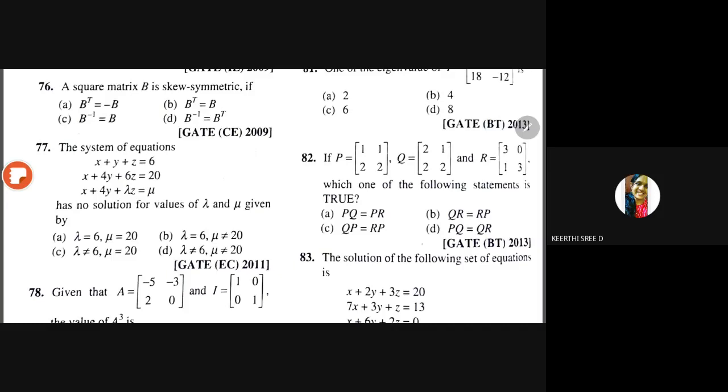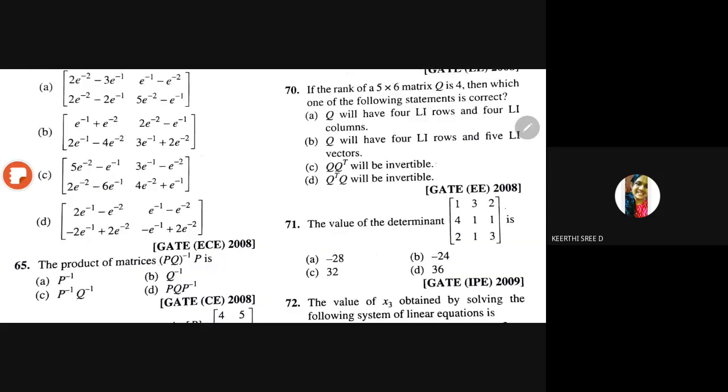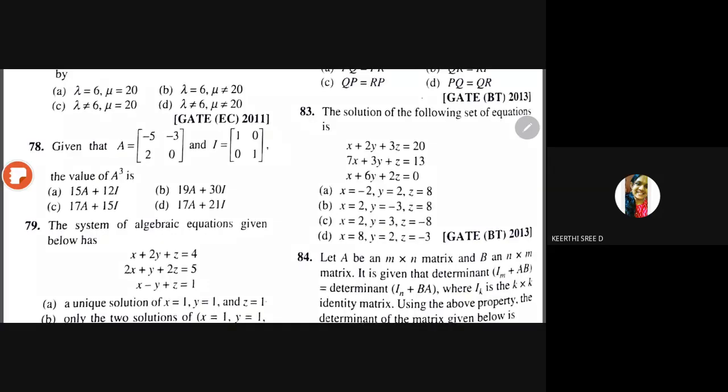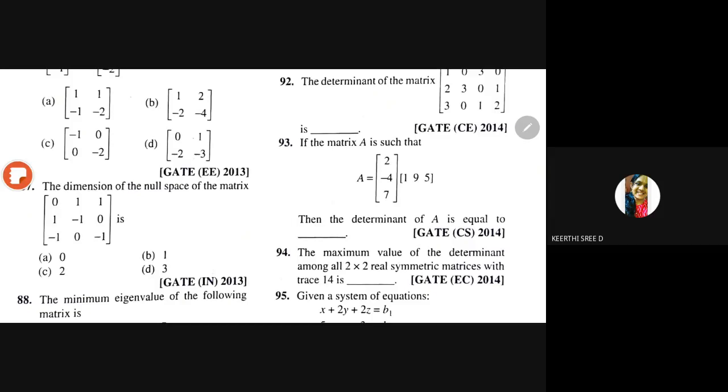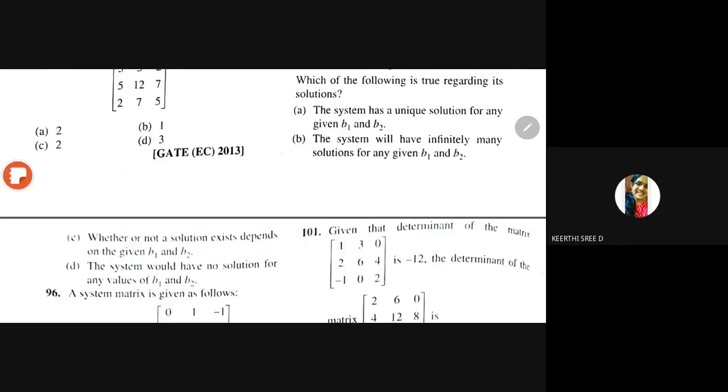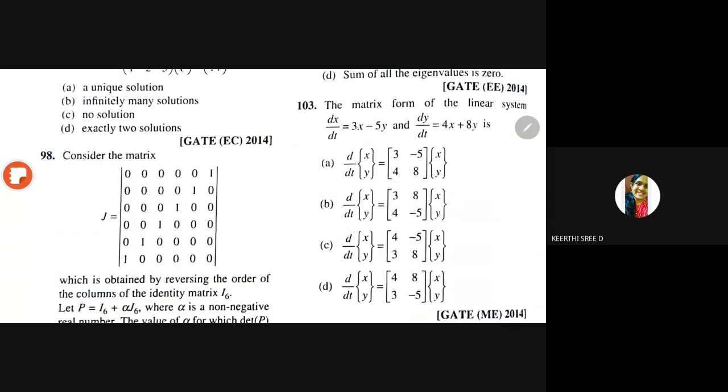The only question we need to answer is this 64. And from the PPT I have shared, you can get answers for all these questions. That's all for now, for today.